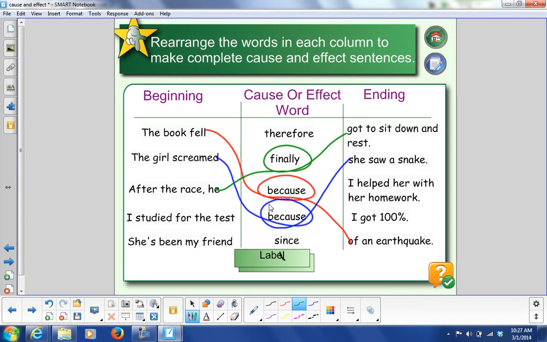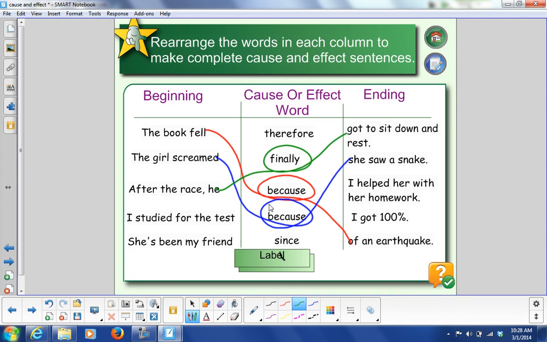Okay, I studied for the test. Blank, I helped her with her homework. Or I studied for the test. Blank, I got 100%. Okay, I'm going to say 100% goes with test. So I studied for the test, therefore I got 100%. Or I studied for the test since I got 100%.